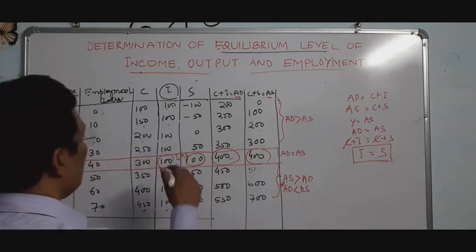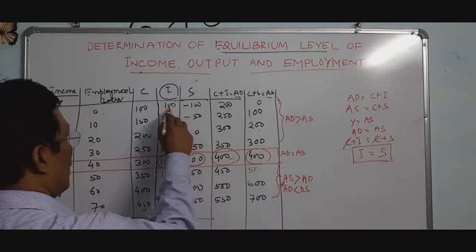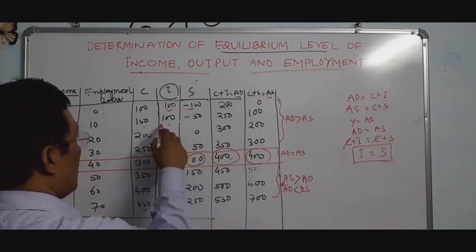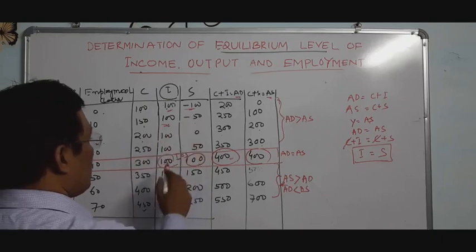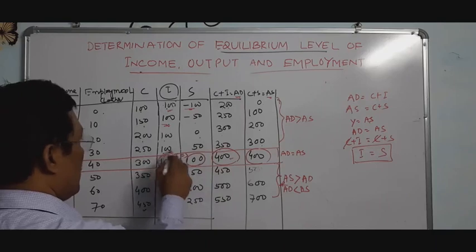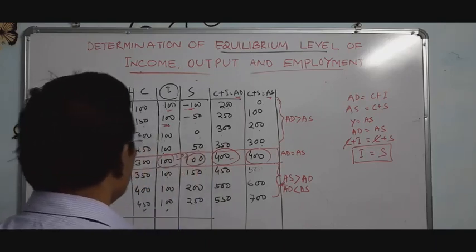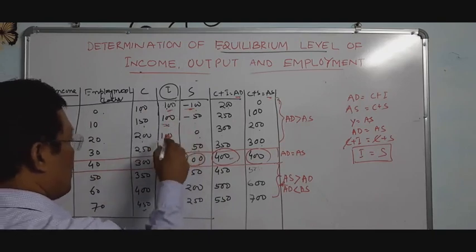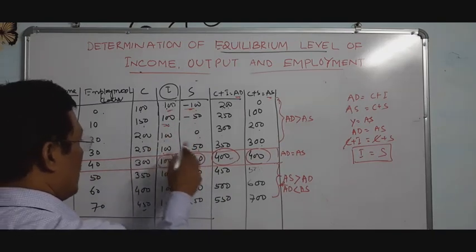Before this, investment is 100, saving is minus 100. Investment is 100, saving is minus 50. Investment is 100, saving is 0. Investment is 100, saving is 50. So 100 is greater than minus 100, 100 is greater than minus 50, 100 is greater than 0, 100 is greater than 50.